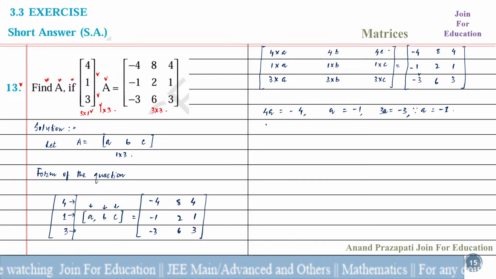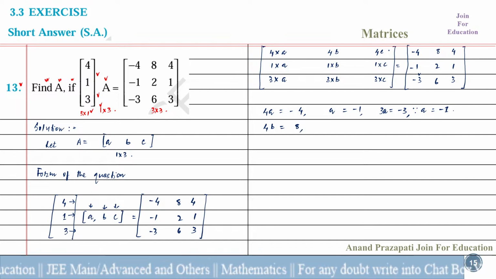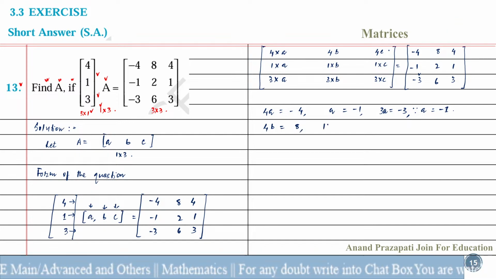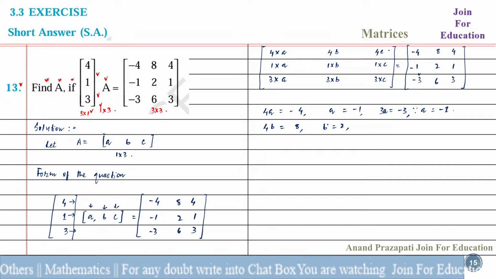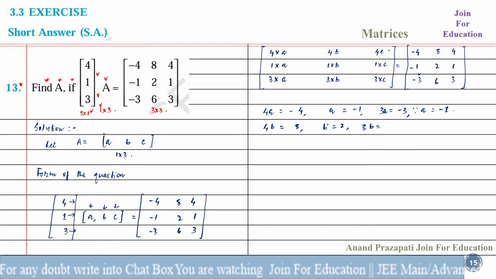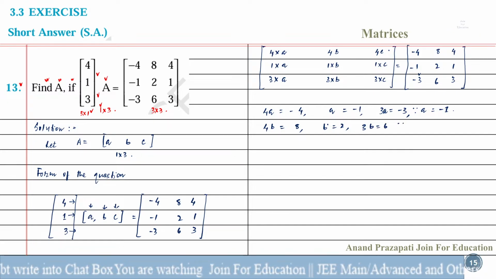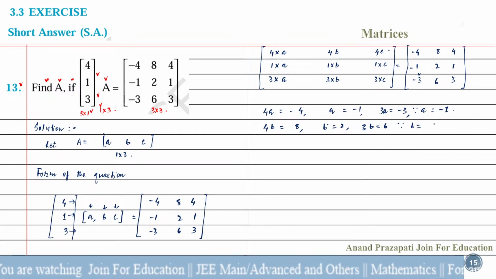Similarly here 4b equal to 8, 1b or b equal to 2, and 3b equal to 6. Therefore, in each solution we get b equal to 2.